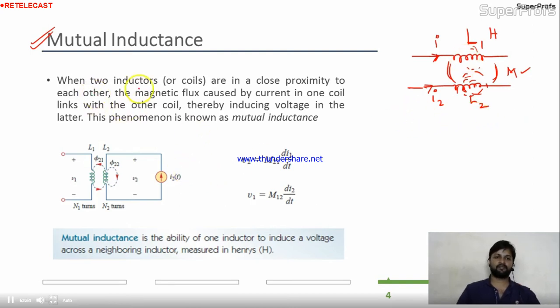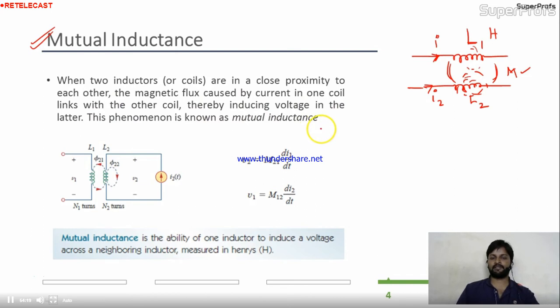We'll see over here: when two inductors or coils are in close proximity to each other, the magnetic flux caused by current in one coil links with the other coil, thereby inducing voltage in the latter.